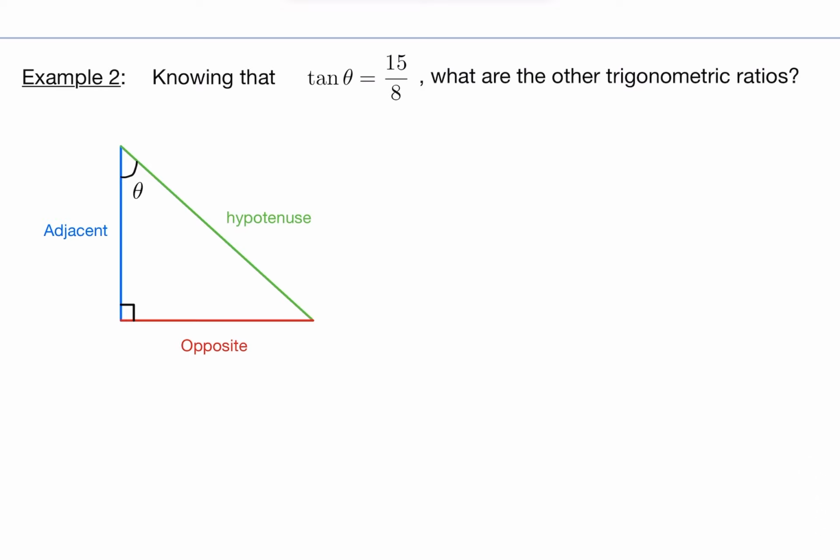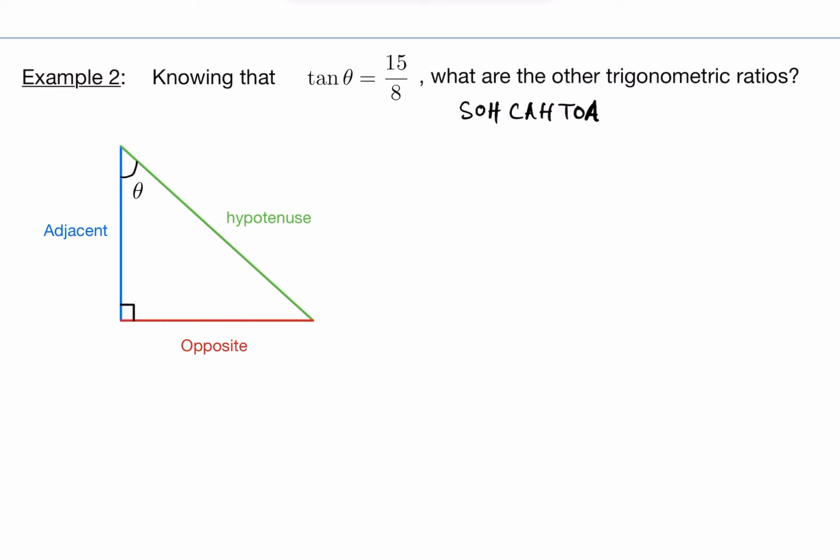Okay, so we're going to take this up to the next level of difficulty. Here it says that knowing that tangent of theta is 15 over 8, what are the other trigonometric ratios? Okay, so we've got tangent of theta, and that's 15 over 8. So let's go ahead and write SOHCAHTOA.